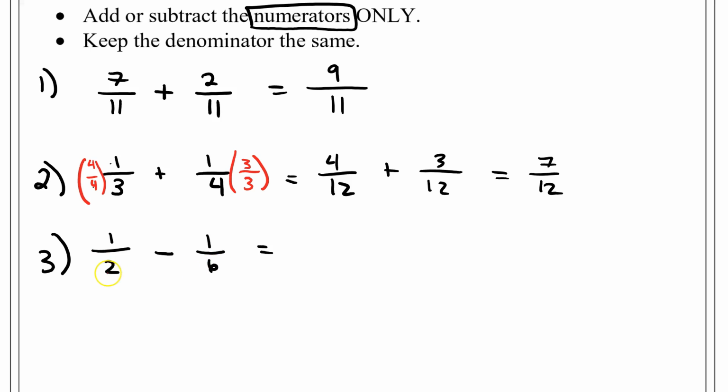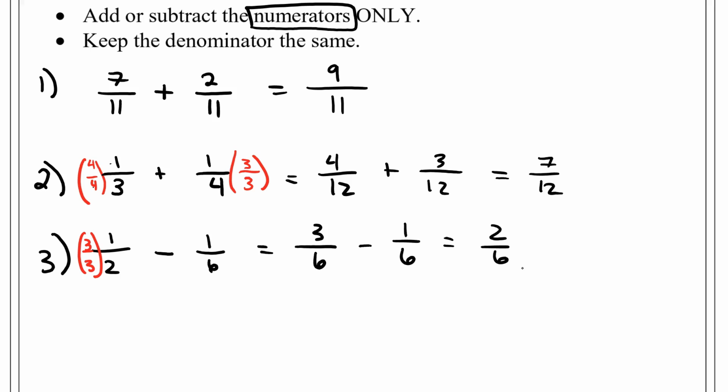If I were to say 2, 4, 6, 3 times 2 is 6. So I don't have to do anything to the second denominator, and it will be common. So 3 times 1 is 3, over 3 times 2 is 6, minus 1 over 6, which is 2/6.